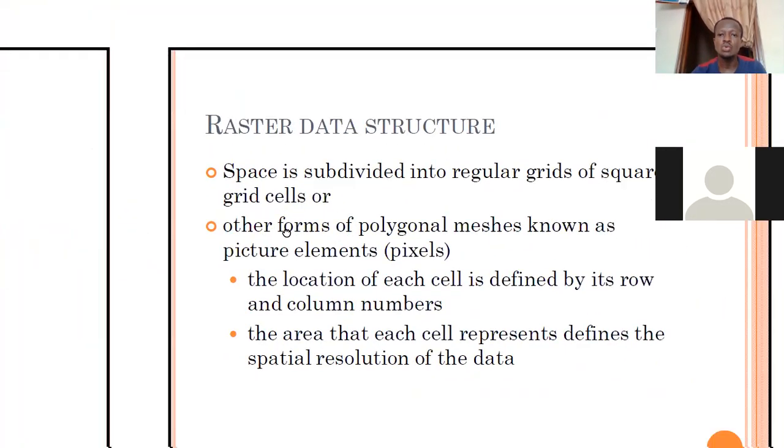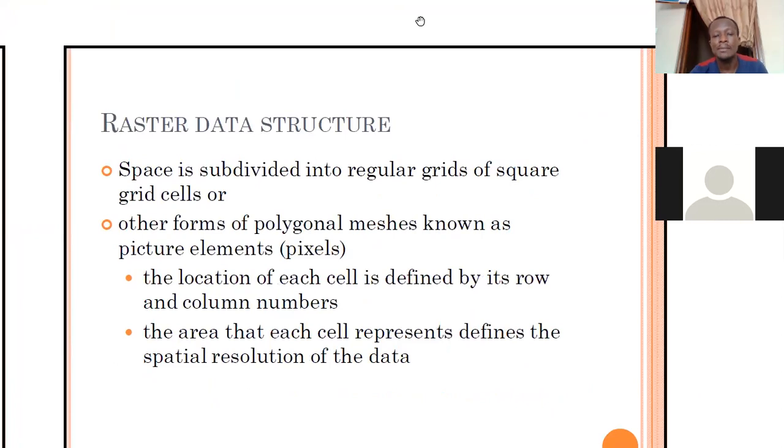So there are two data models that we are going to talk about. In fact, you can talk about the topological model, the network model. They can talk about the vector, but I think basically we can reduce even the network model into the vector model, and then we can also talk about the raster data structure or raster data model.